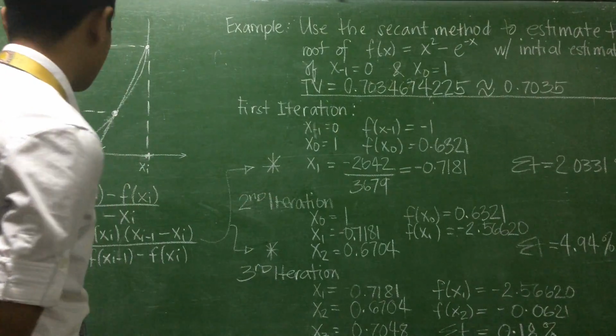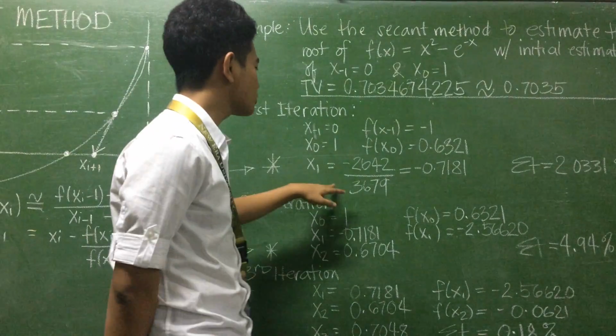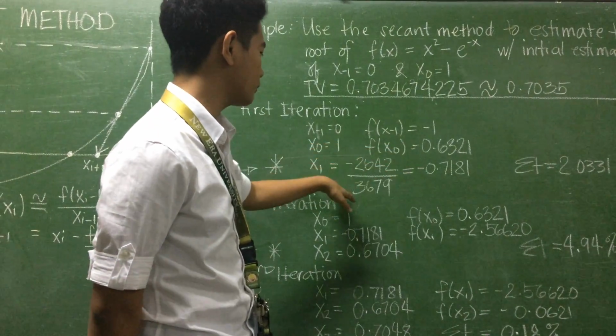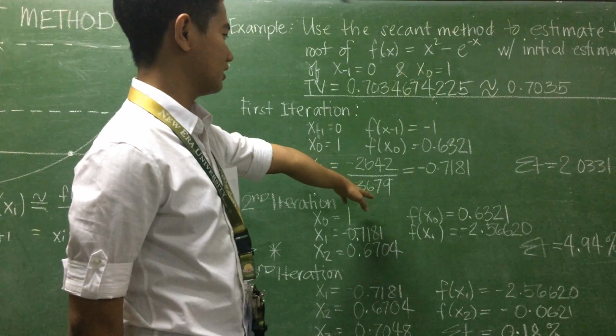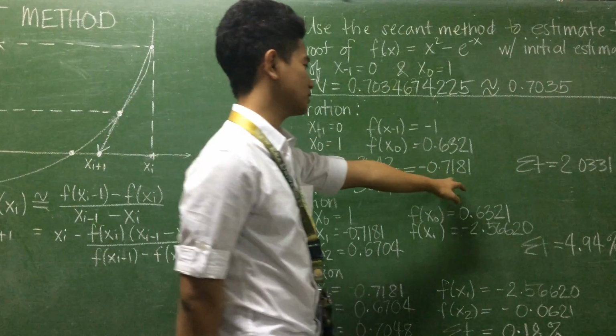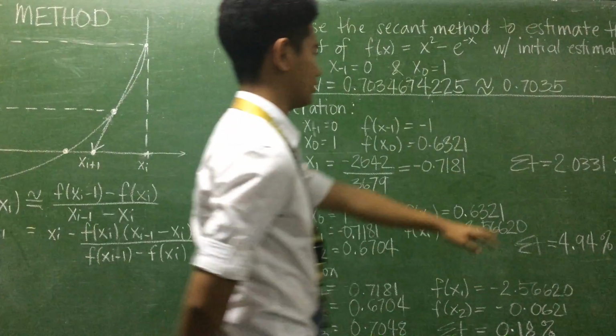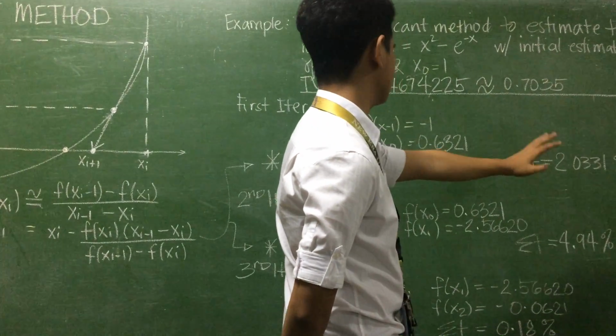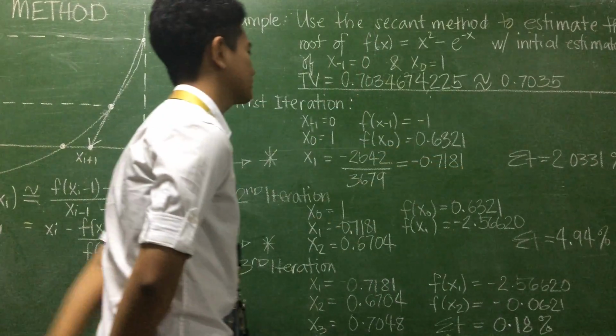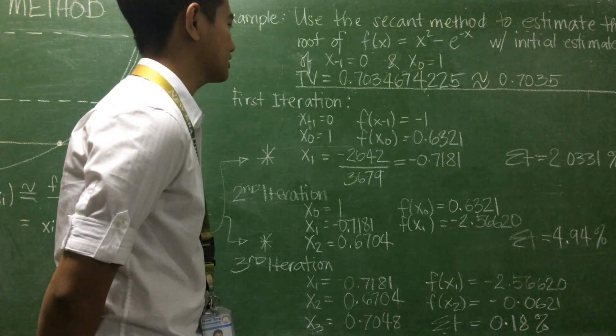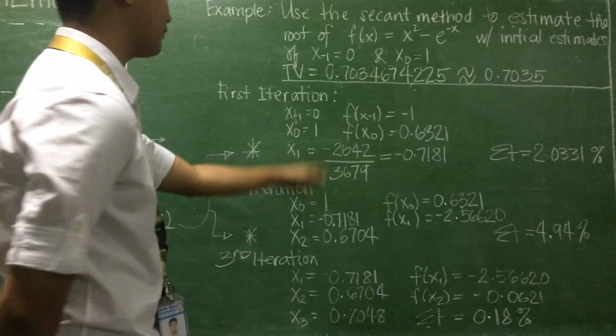Using our iterative formula, it is equal to negative 2642 over 3679, which is equal to negative 0.7181. And the relative error is 2.0331%.